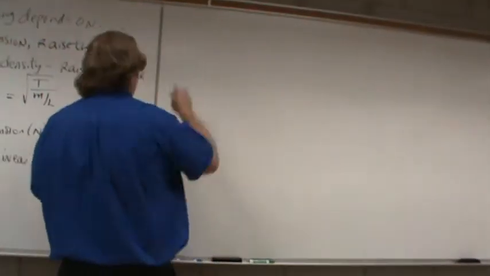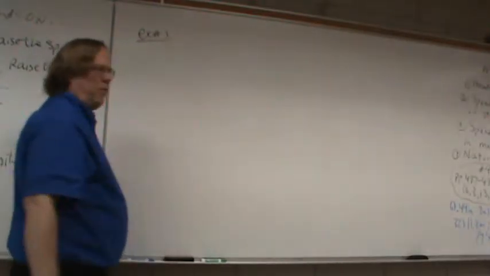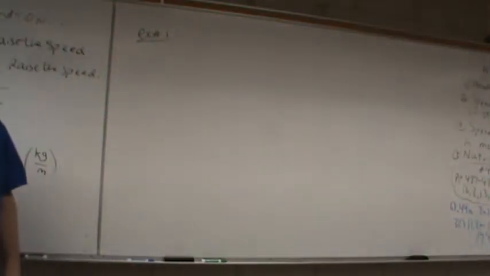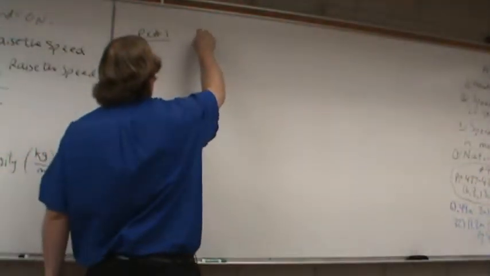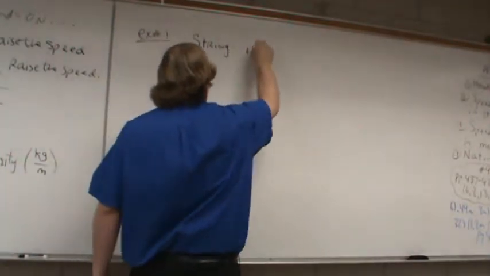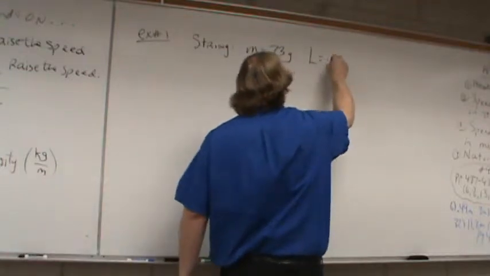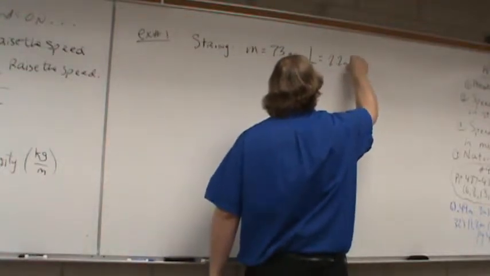So here comes example number 1. How much force were Amani and I exerting on each other? I estimate around 10 pounds, which is about 50 newtons. So I have a string. The mass of the string is 73 grams. The length of the string is 2.2 meters.